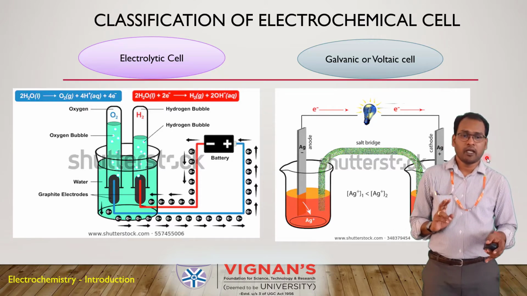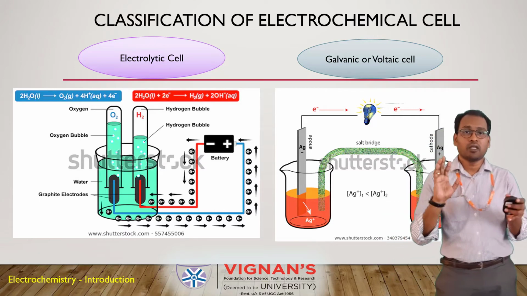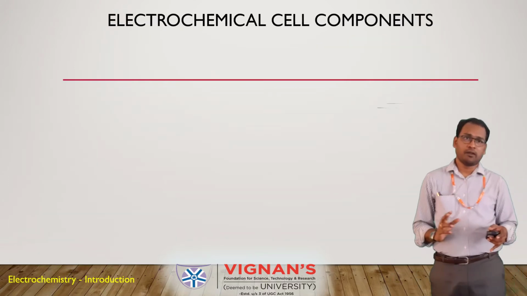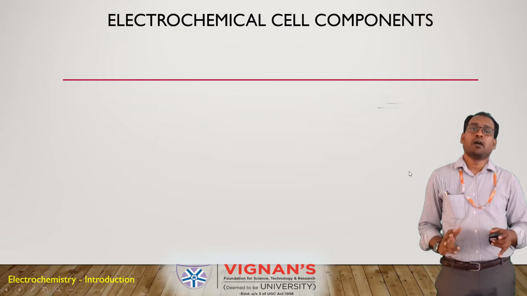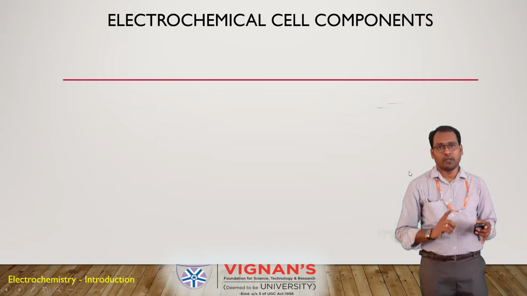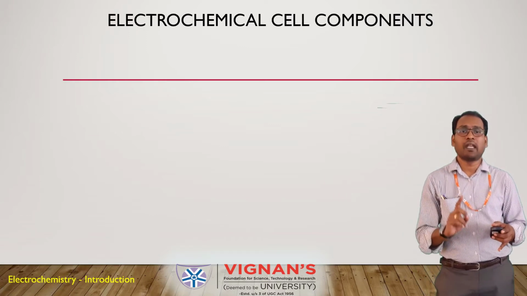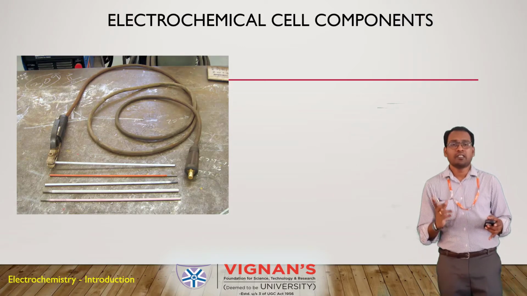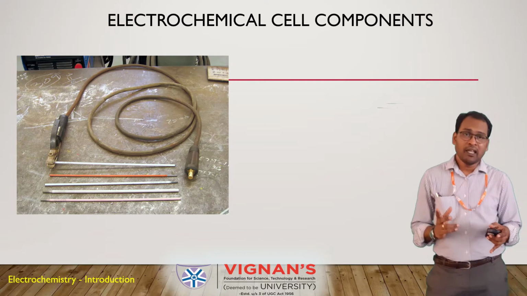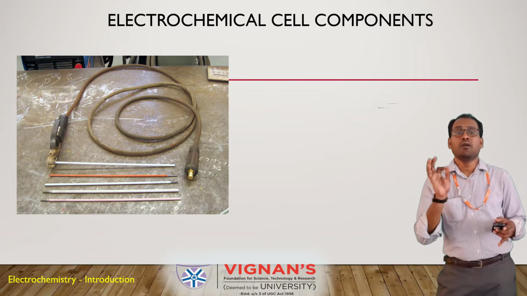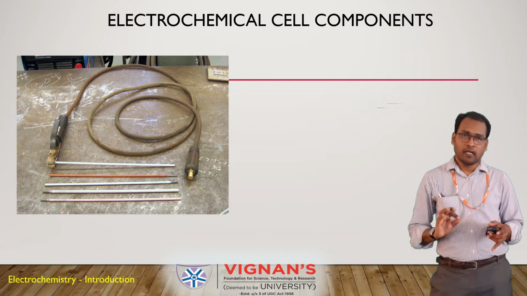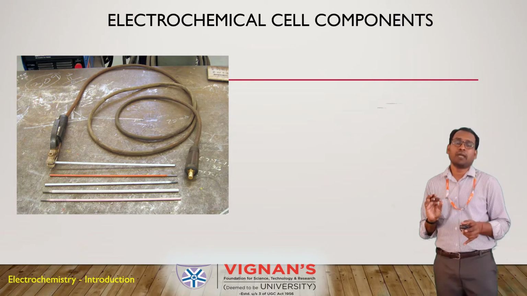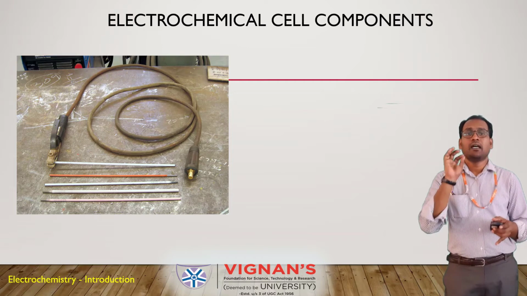Okay, right. Before that, we have to understand what the components of an electrochemical cell are. There are a few components which are necessary to make an electrochemical cell. The first component is the electrodes. Electrodes are usually metals which are highly conducting in nature, and the mode of conduction here will be the movement of electrons.